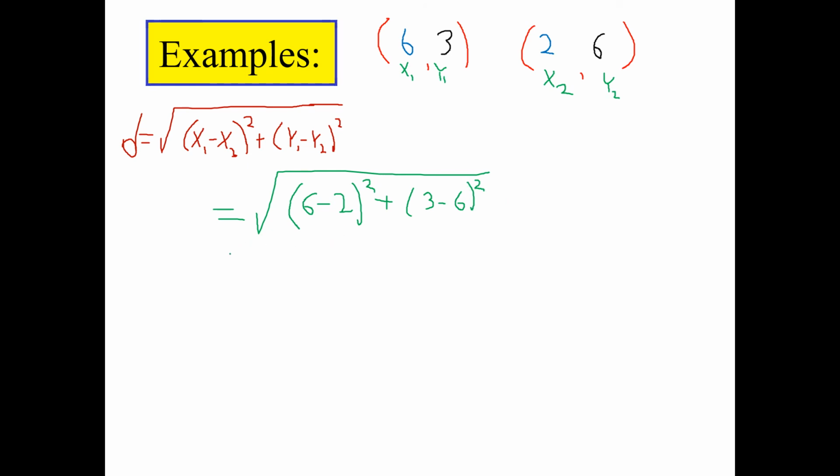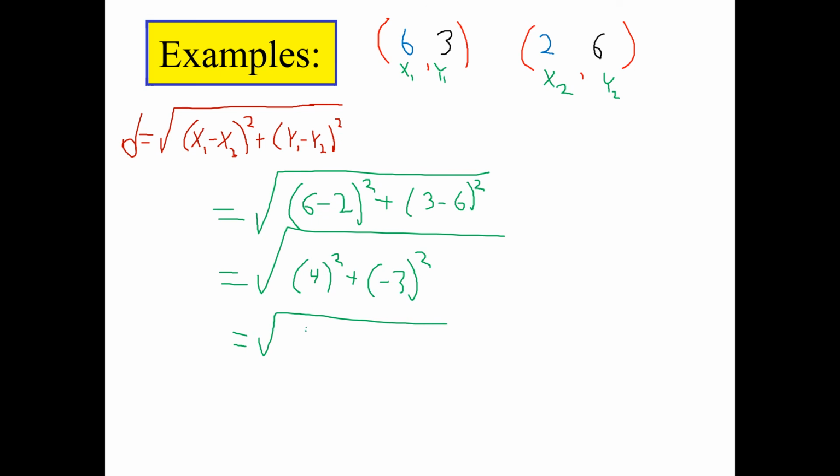So we split it up, we've set it up. Let's get it going. So first thing we do inside of the parentheses, 6 minus 2 is 4. Inside parentheses here, 3 minus 6 is negative 3. All right, let's take on to the next step. 4 squared is 16.